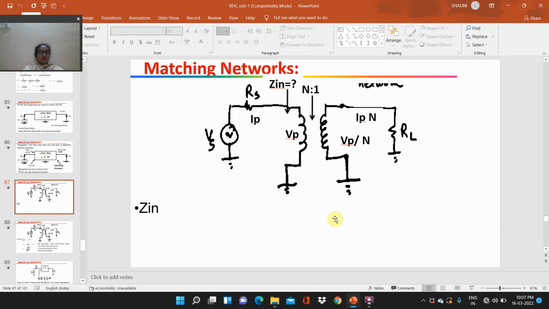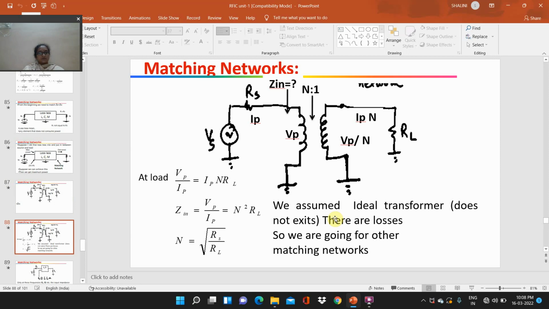From these two equations we can simply get the Ip by N value, that is the current across the load resistance, and the Vp by N value. At load, Vp by N divided by Ip times N is equal to RL.